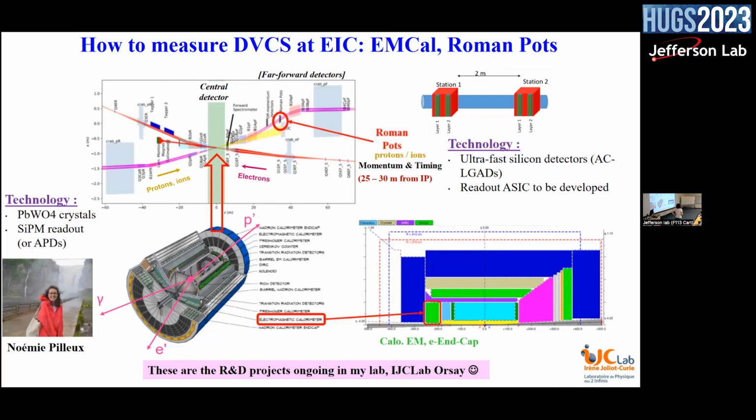And in my group, there is also work for the very forward detectors that will allow us to detect the protons. In particular, there is work ongoing for the readout. So I just wanted to advertise the projects that are ongoing in my group.